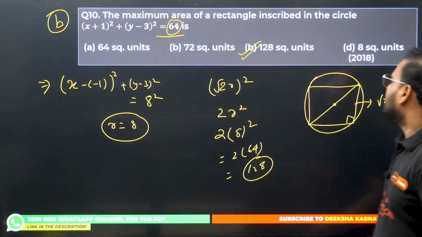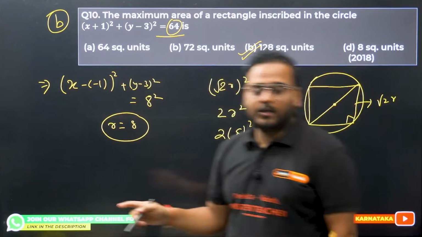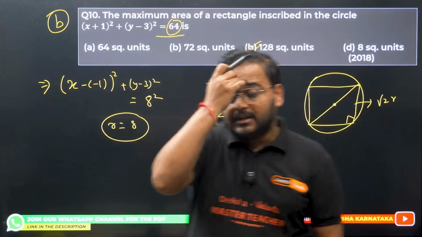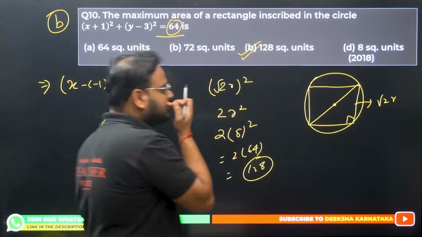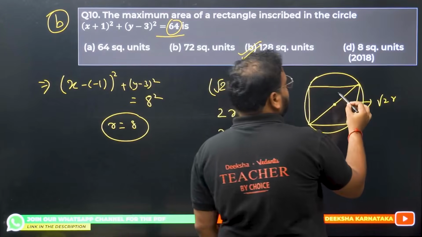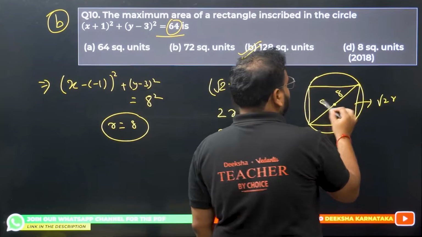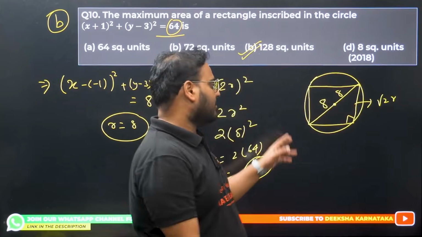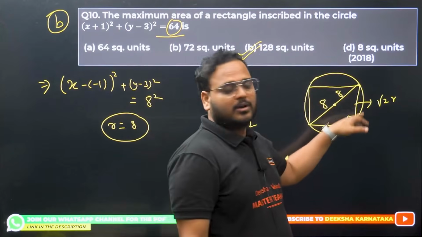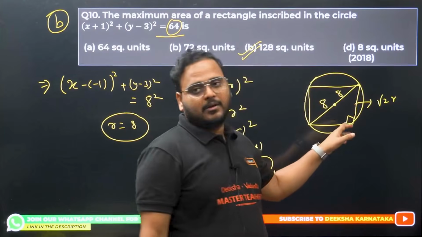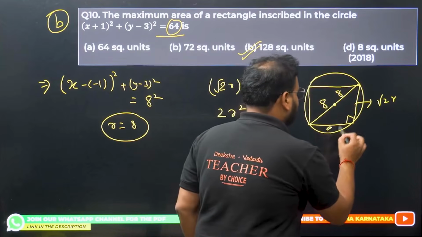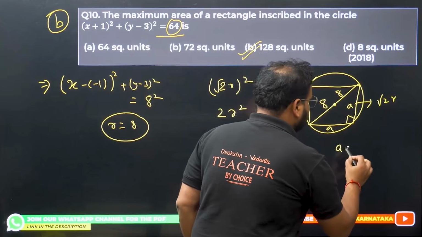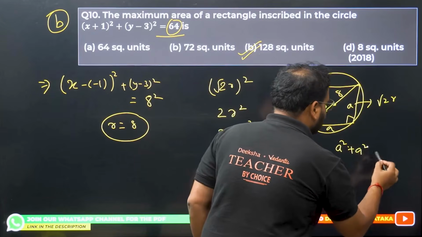Simply remember, the largest rectangle that is inscribed in the circle is always a square, and in that case, check this out. This will become 8 and 8, basically R and R. If this is a value and this is a value, you will have a square plus a square equals the diagonal square.